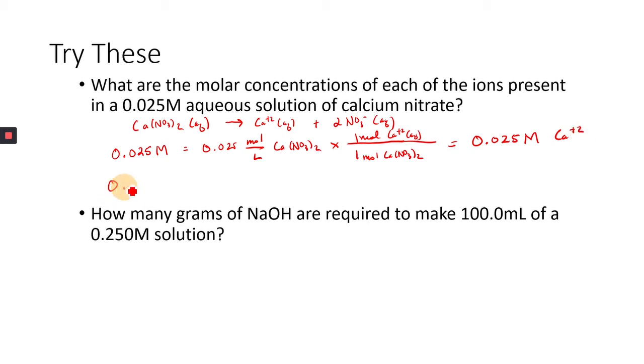Now I'm going to do the exact same thing, but this time we're going to do it for nitrate. And you might have been quick about it and looking at it, realized that nitrate is double the amount because the mole ratio here is 2, because there's a 2 here and a 1 here, right?